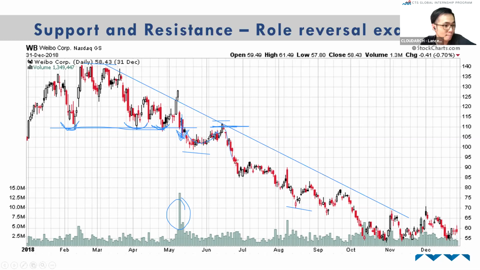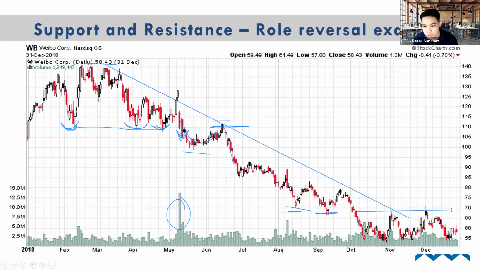No? And tumuloy lang siya pababa. Dahil sa sobrang hina niya, di na siya bumalik. You could also see it here, noong September of 2018, medyo support. And yung naging support siya, yun yung naging future resistance noong October to December na.